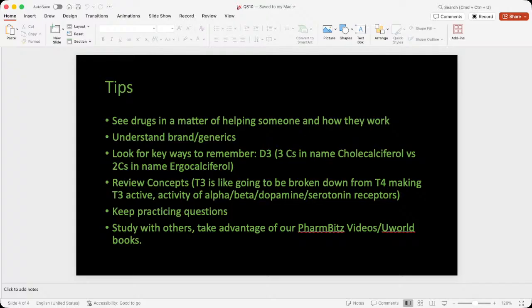Then there's other types of receptors. It's important to know all of that, or at least have some basic knowledge when you're connecting that medication to it, because these medications are going to go somewhere. They have to bind somewhere, and so at least having that kind of knowledge on the receptor is going to help. And also keep practicing questions.